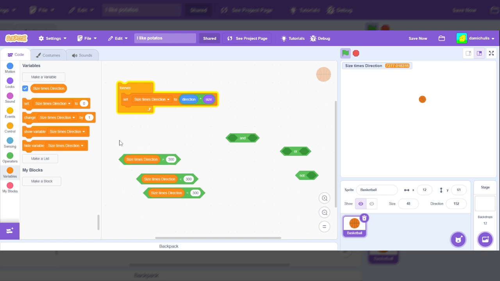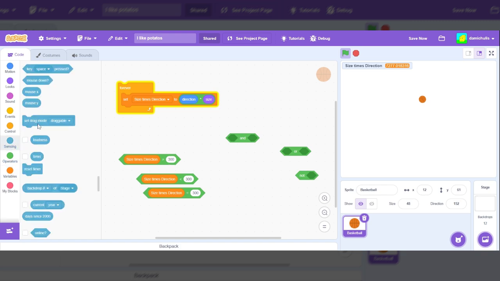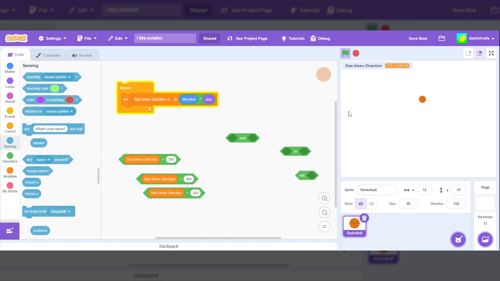Is the basketball touching the mouse pointer and size times direction equals 300?